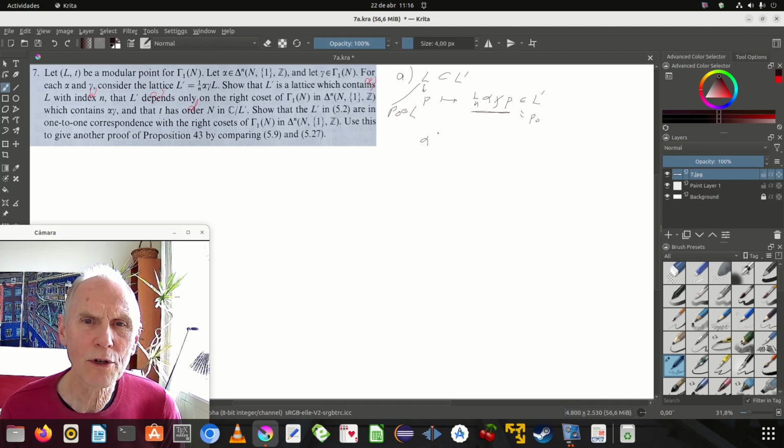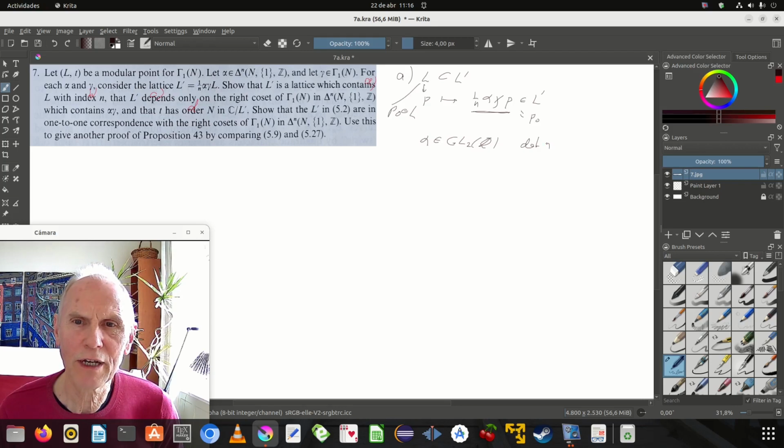And the inverse, alpha lies in the general linear group with integer coefficients and has determinant n. And then the inverse is 1 divided by n times beta, where beta has integer coefficients. That's the usual formula for getting the inverse of a matrix.